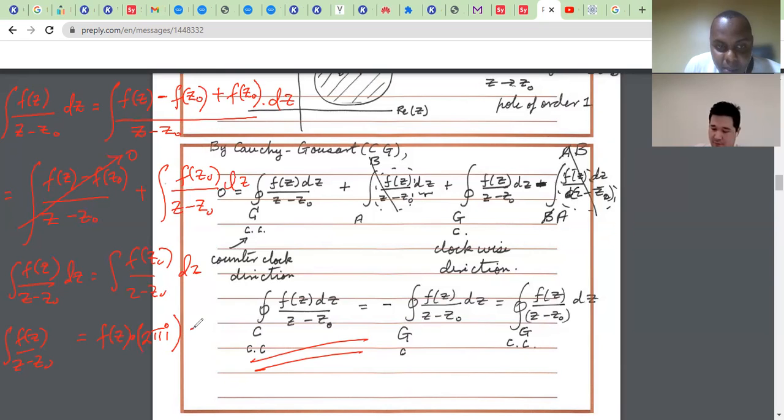So if you multiply both sides by 1 over 2 pi i, the f(z naught) remains alone on one side, and on the other side we have 1 over 2 pi i times the integral of f(z) divided by z minus z naught. And that is your Cauchy's integral formula.